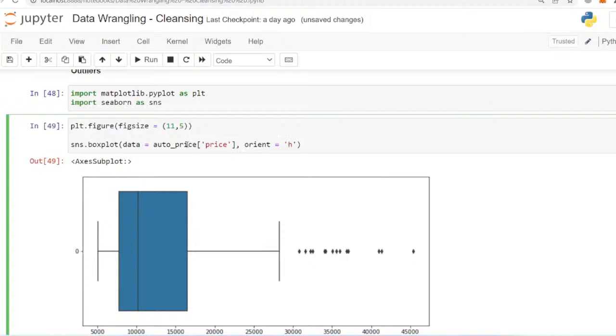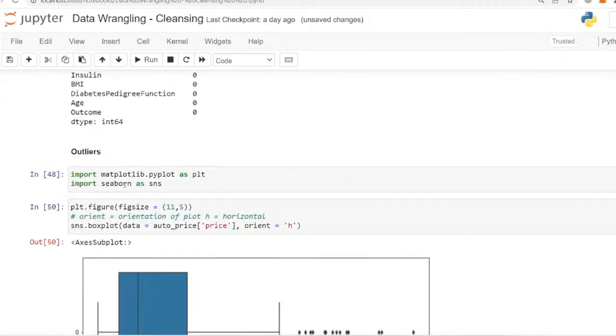By default, the orientation is vertical. So orient means the orientation of the plot, and h means horizontal.